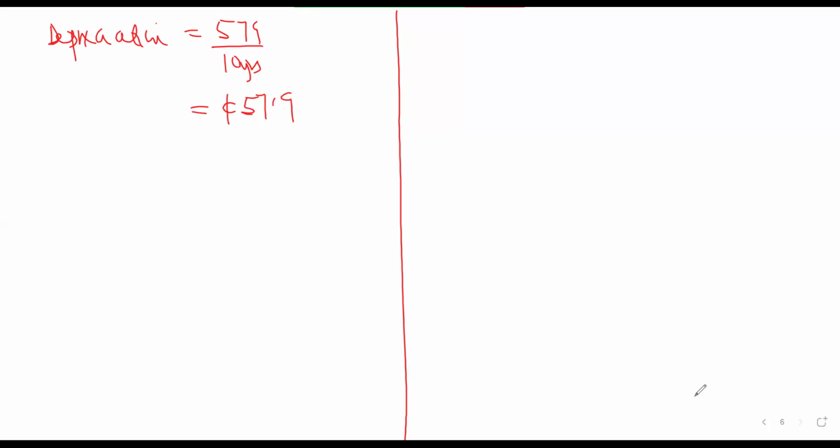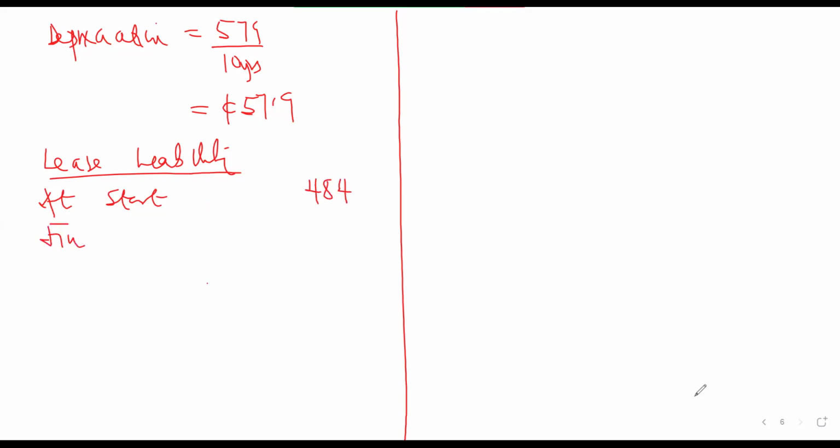What will happen to the lease liability? We have to now amortize it, isn't it? So we have to be amortizing it by adding the finance component at the start of the year. At the start, our lease liability was 484. This is the amount that we are here to pay. Then we have the finance cost. The finance cost will be 0.08 multiplied by 484. What are we having? 38.72.